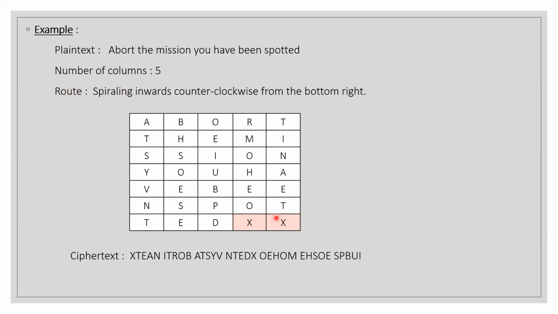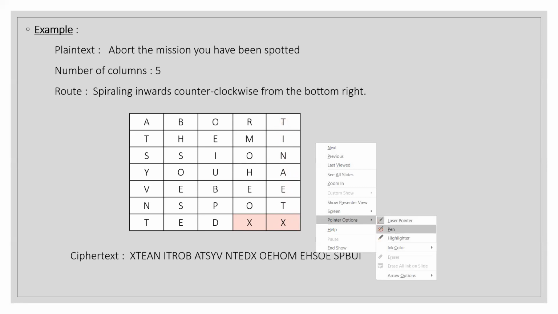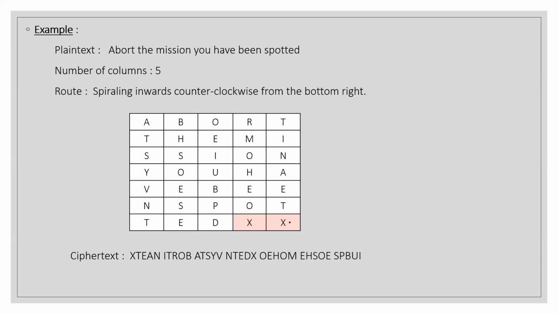The route here is spiraling inwards counterclockwise from the bottom right. So we start from the bottom right and we spiral inwards. This is the route that we follow.